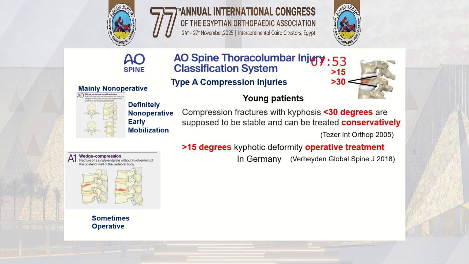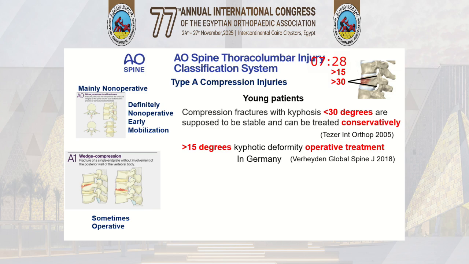Even though A1 in a young patient, compression fracture with kyphosis more than 30 degrees is supposed to be stable and can be treated conservatively. But this means if it is more than 30, you should choose surgery. More than 15 degrees of kyphotic deformity is an operative indication in the German society.